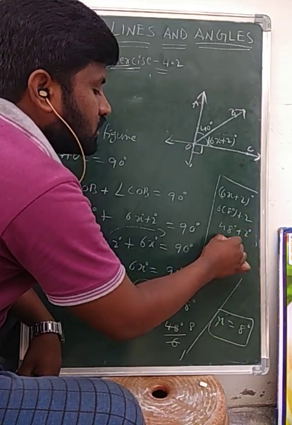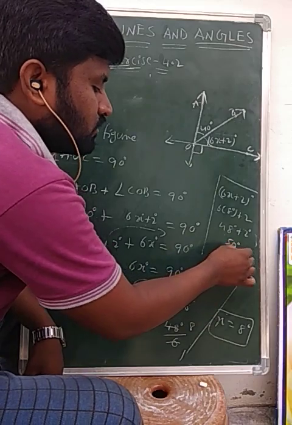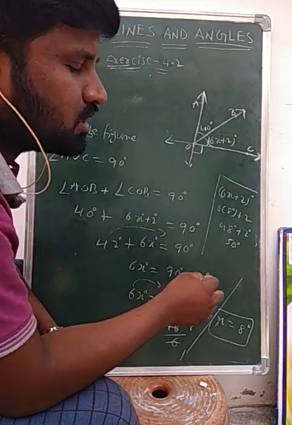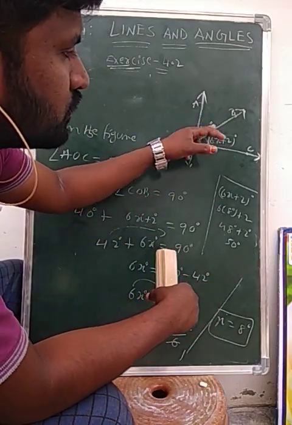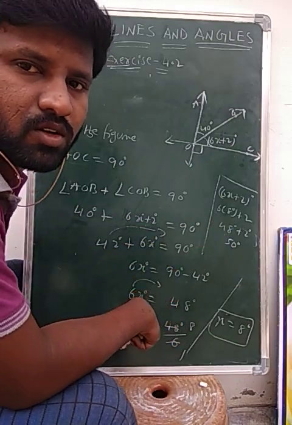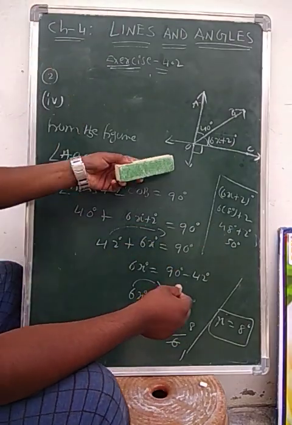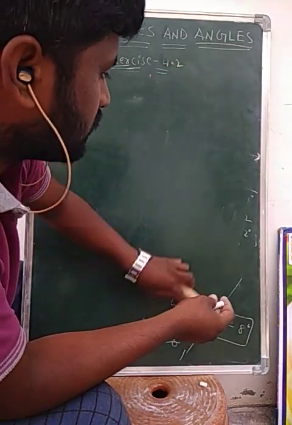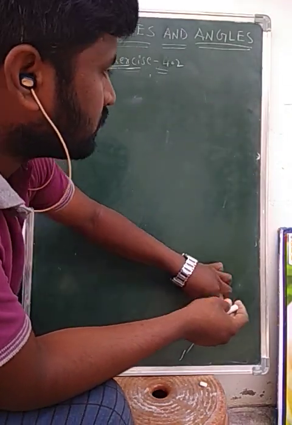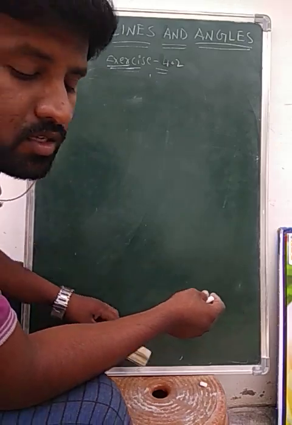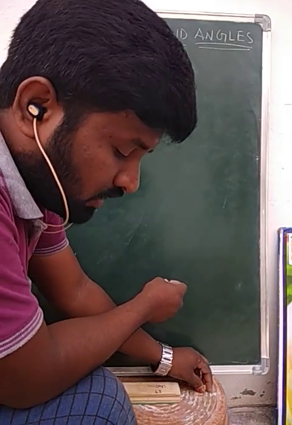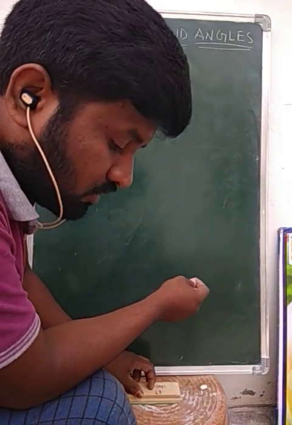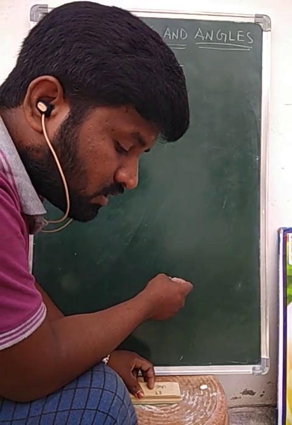That is 50 degrees. 50 degrees plus 40 degrees, the sum of the measure of two angles is equal to 90 degrees. Okay, so this is the required answer for this question. In the same manner, you practice the remaining questions. Now the next question is given.